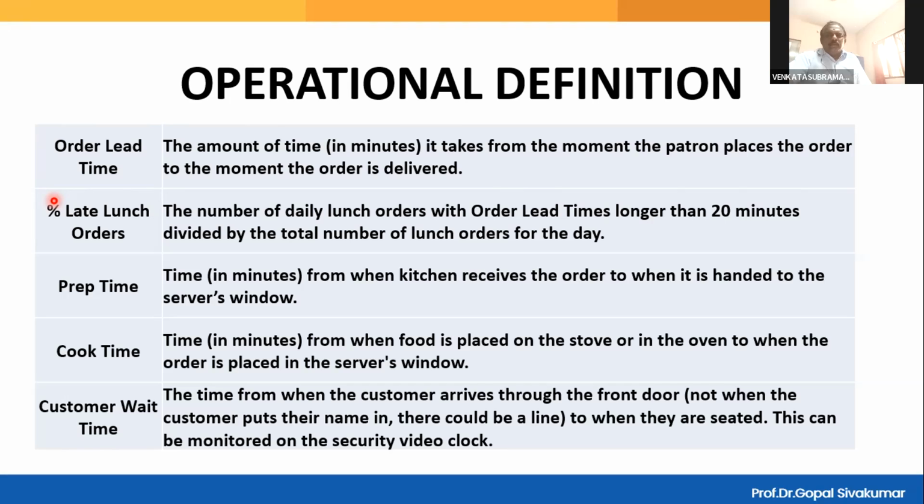Please read through the last definition and let me understand what is the meaning of customer waiting time in a particular project. It's the total time a customer spends at the joint from the time he enters the outlet to when he is served the meal. Is that written over there? When he's seated, I think.